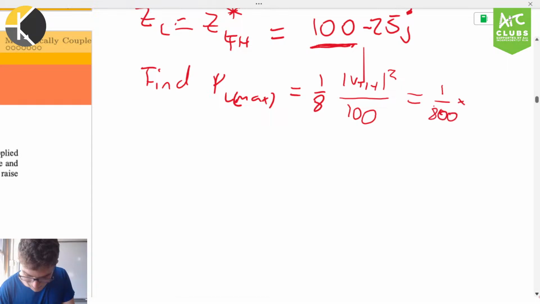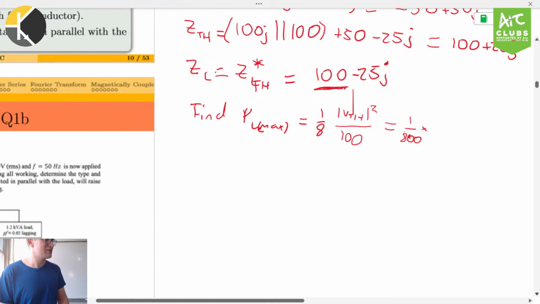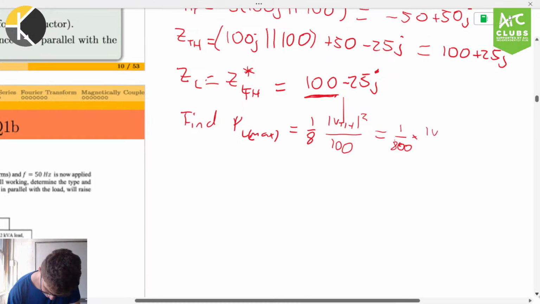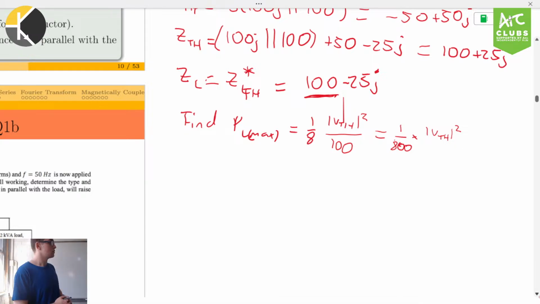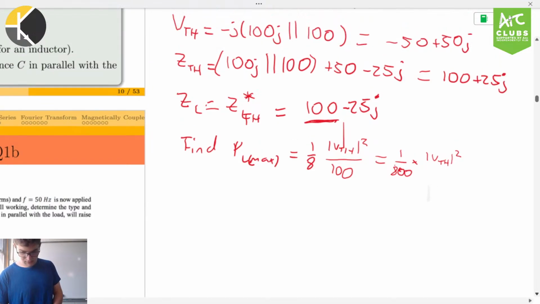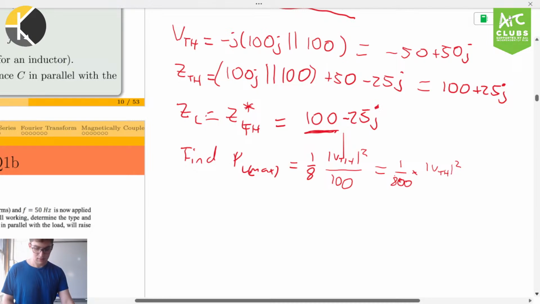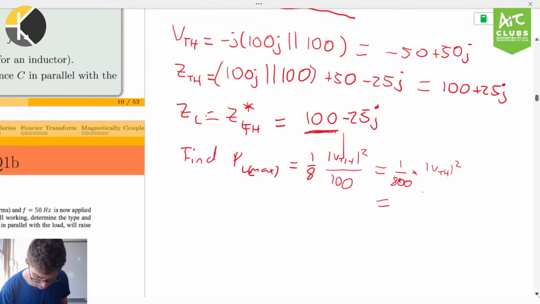times, can somebody give me the magnitude of V Thevenin squared, or just the entire expression? So the entire thing is 70.7? Just the magnitude of V Thevenin squared.